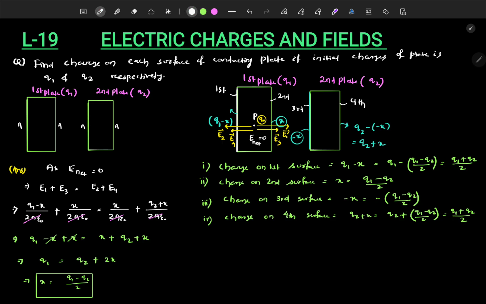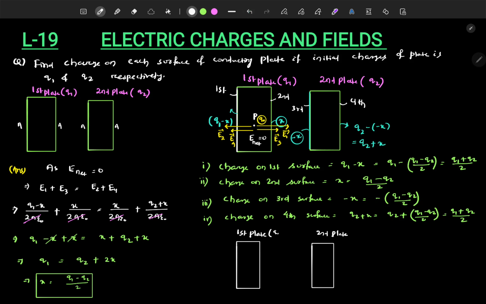So in a very simple manner you can remember this thing. Suppose these are two plates. This is your first plate, and this is your second plate. First plate total charge is q1, second plate total charge is q2.